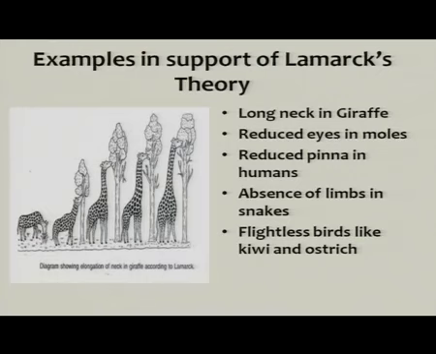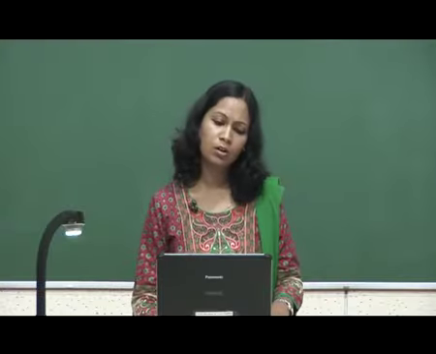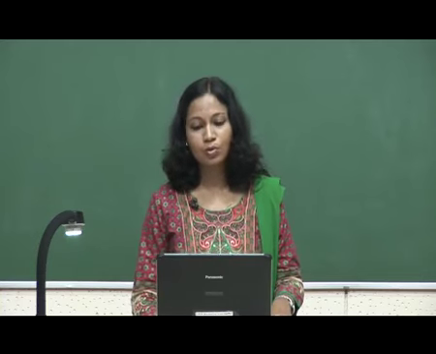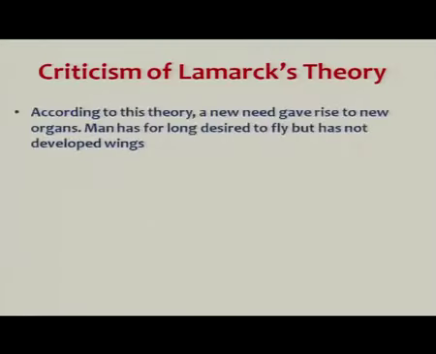So, these are certain examples which support Lamarck's theory, but does it sound convincing to you? No, it does not sound convincing to us, because on the flip side there is a lot of criticism of Lamarck's theory.